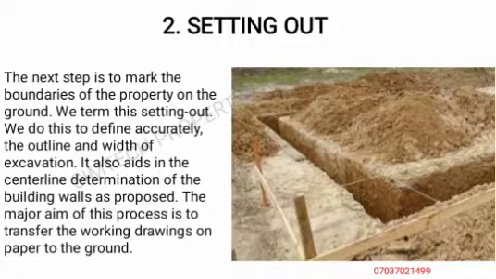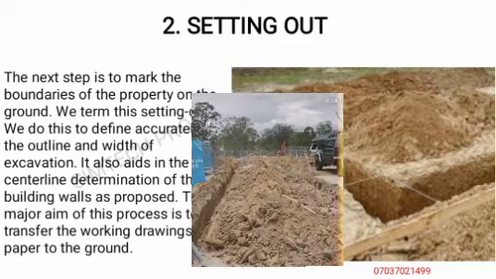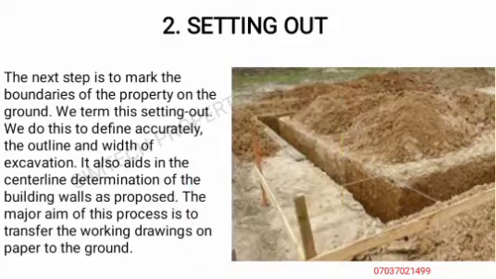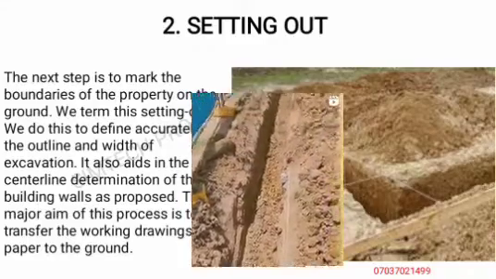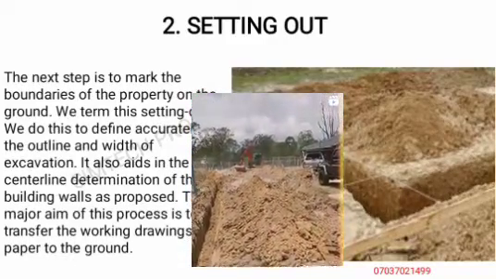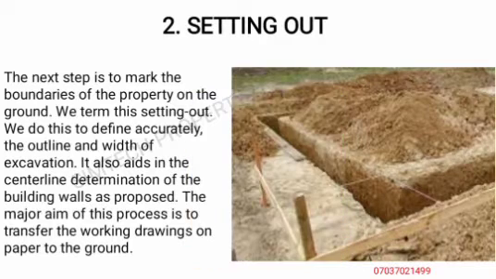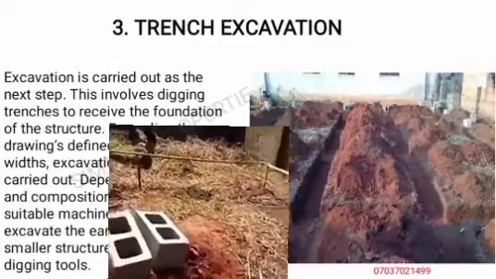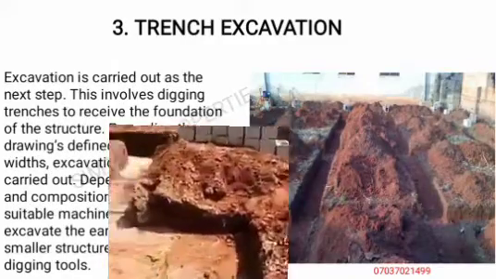It simply means that what the architect has drawn, you have to transfer from paper to the ground, and then start the laying of the foundation and the other things. Setting out means knowing where the room will be, knowing where the parlor will be, knowing where the kitchen will be, and also the toilet, and so on and so forth.